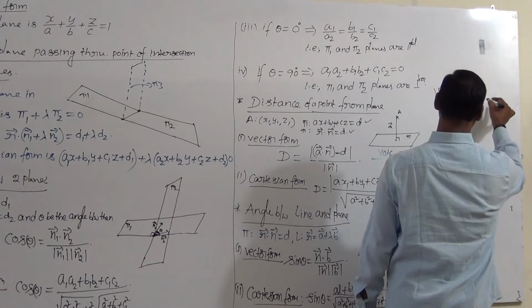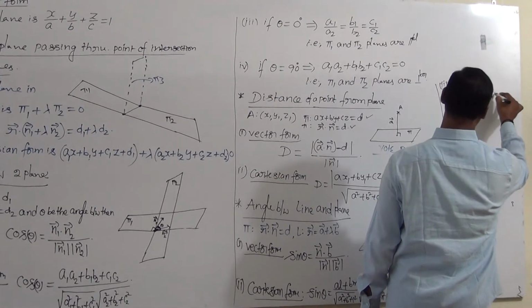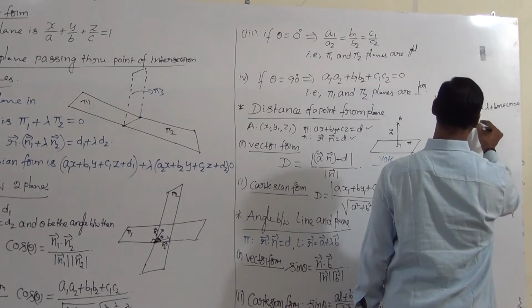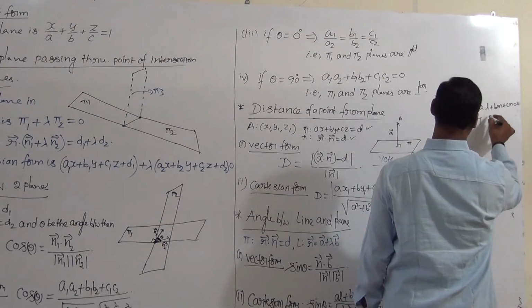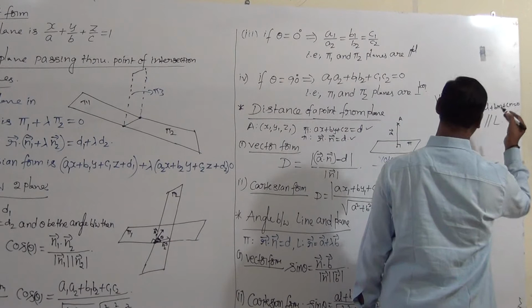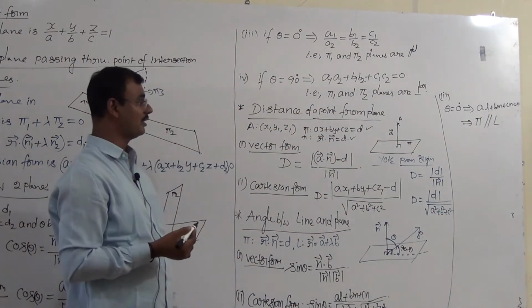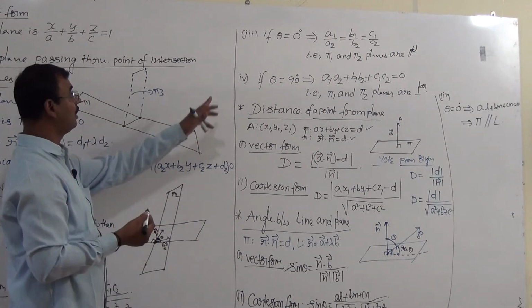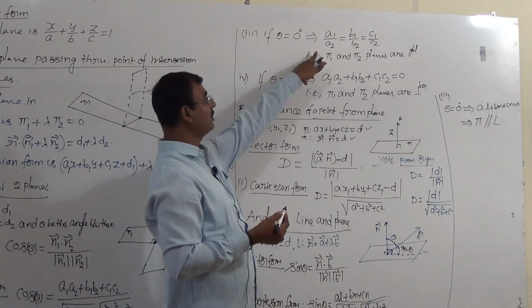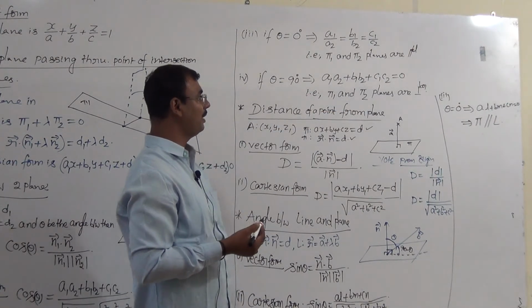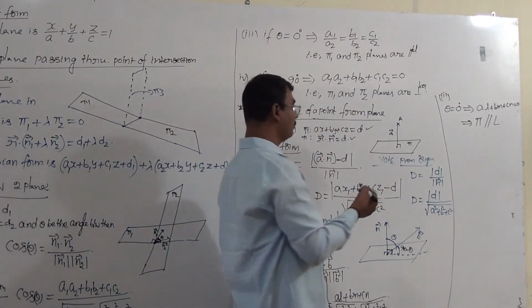So remember this condition form, al plus bm plus cn equal to 0, which means the plane and line are parallel. Here the condition is reversed. For planes, the parallel condition is a1 by a2 and so on, but here the condition is reversed: al plus bm plus cn equal to 0.